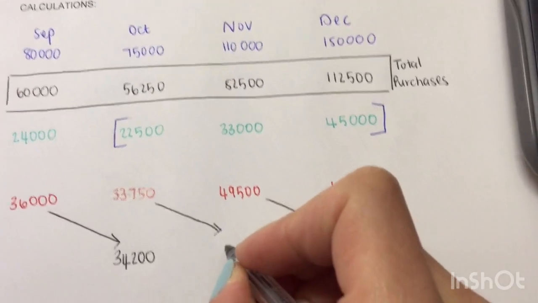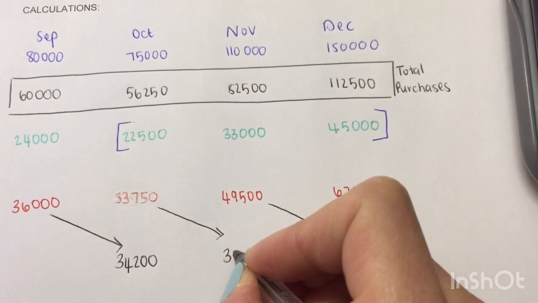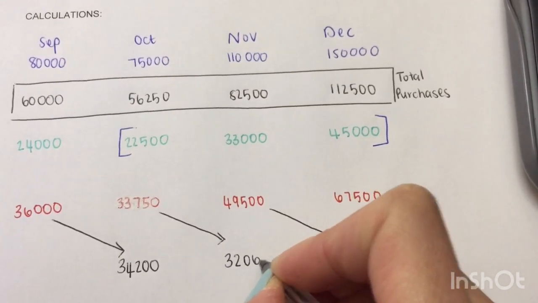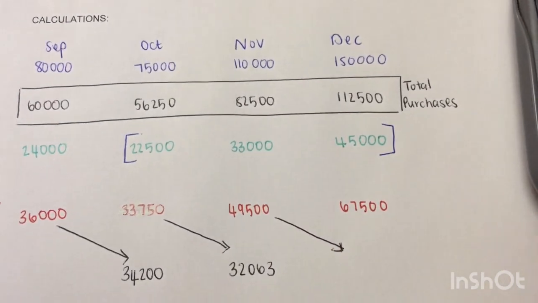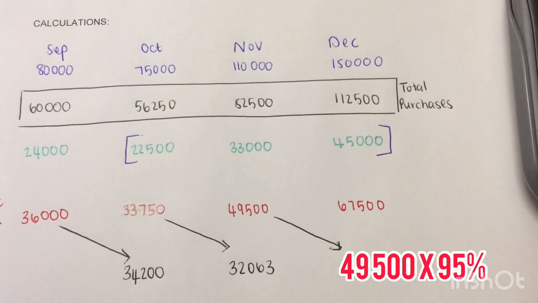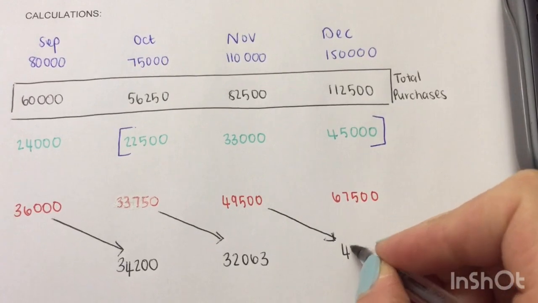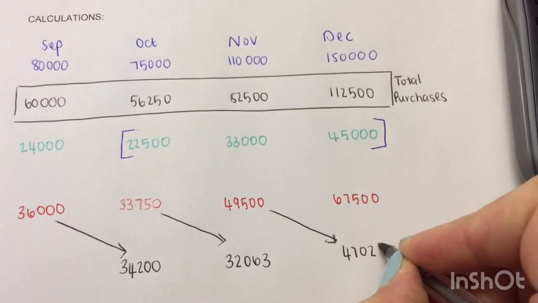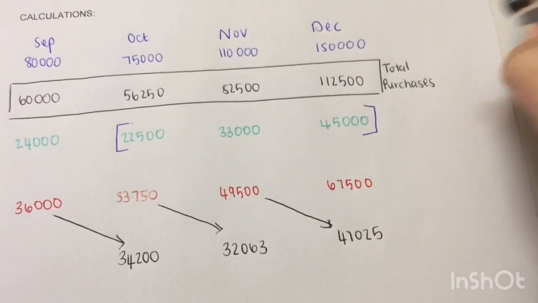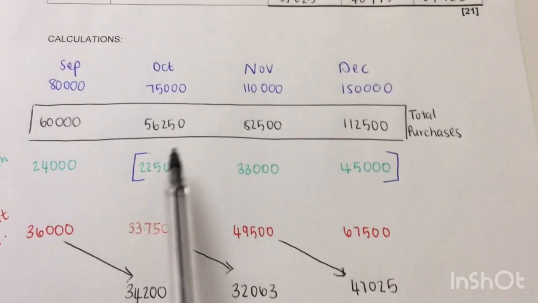So the amount in November will be 32,063. I'm just rounding it off. And then the amount that I will pay in December is 47,025.